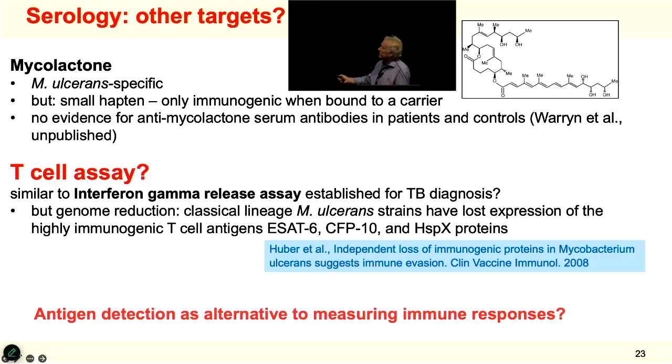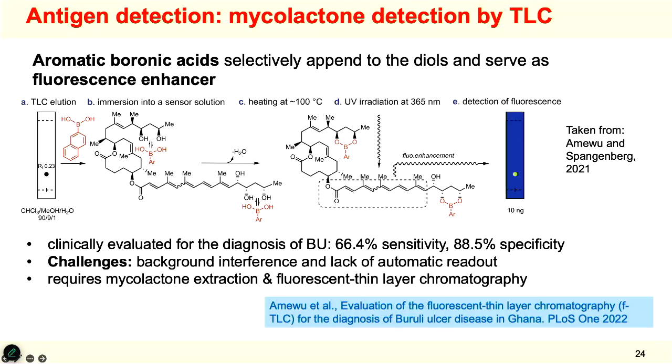Then we have the other option, to detect antigen, and that looks much more promising. We have a functional assay which is clinically evaluated, the thin layer chromatography detection of mycolactone. Kishi introduced this very elegant method of specific labeling.